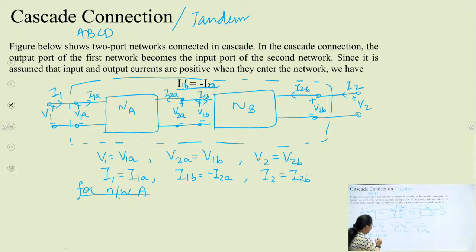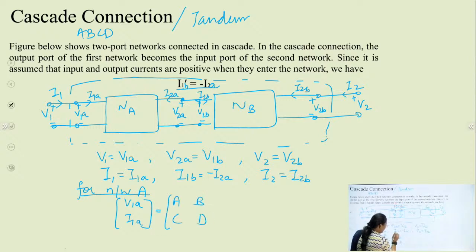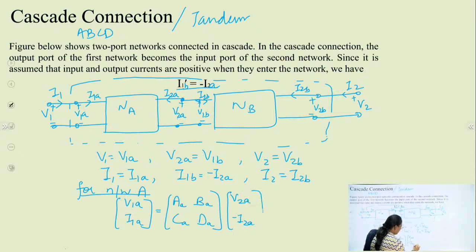So for network A, V1A and I1A is a function of A, B, C, D, and I am representing it with small a suffix for network A, okay. V1, I1 is a function of V2, minus I2. I am using suffix A for network A. So I can say this is matrix number 1 हमारी, okay.